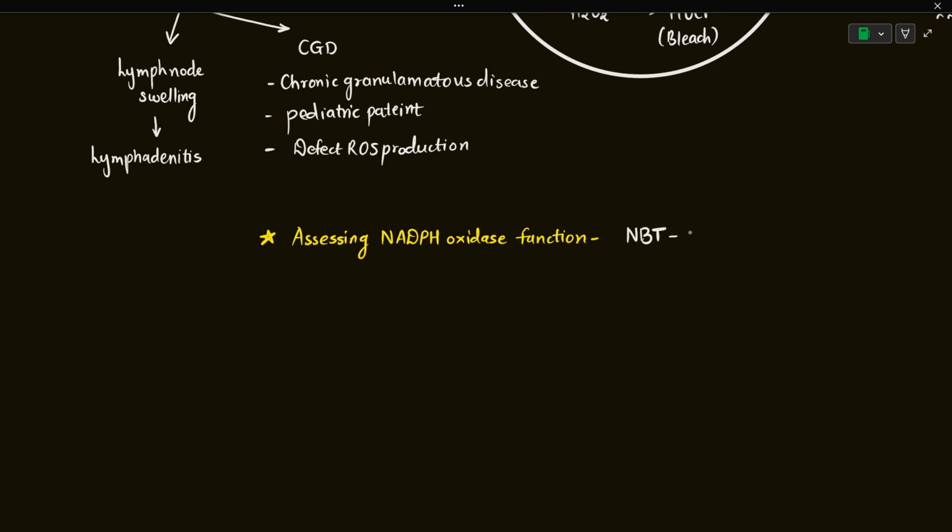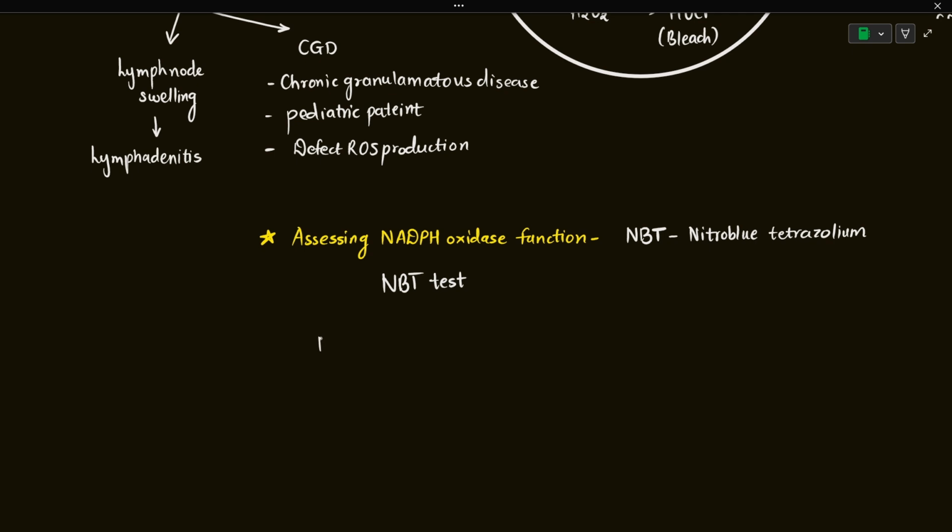NBT is a reagent known as nitroblue tetrazolium. Sorry, not triazolium, it's tetrazolium. So nitroblue tetrazolium is used for assessing NADPH oxidase, and that is why the test is known as the NBT test.